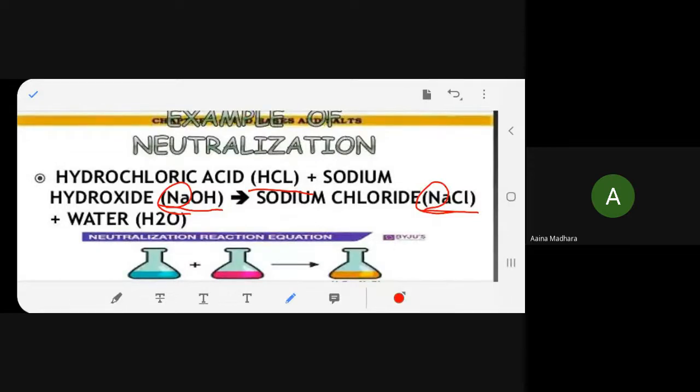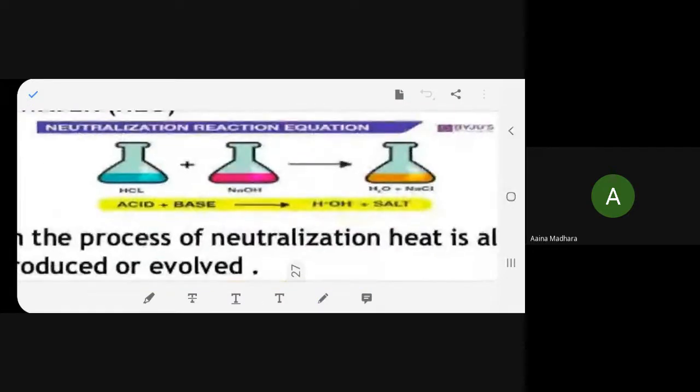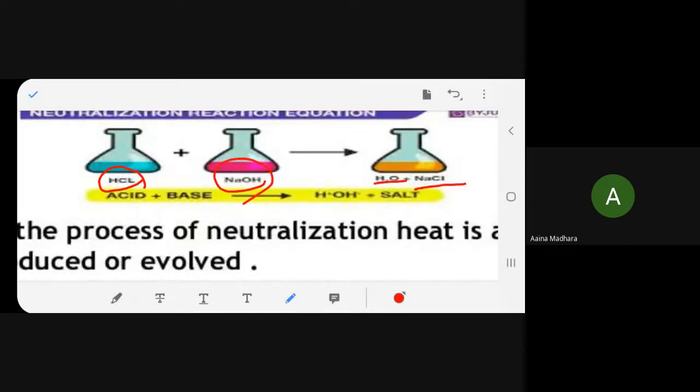Then we come to water. What is water? H2O. Actually, it is written with a small 2, but when you type it, you cannot write it this way. So in the equation, HCl is acid, sodium hydroxide is base, and we got salt, NaCl, plus water.